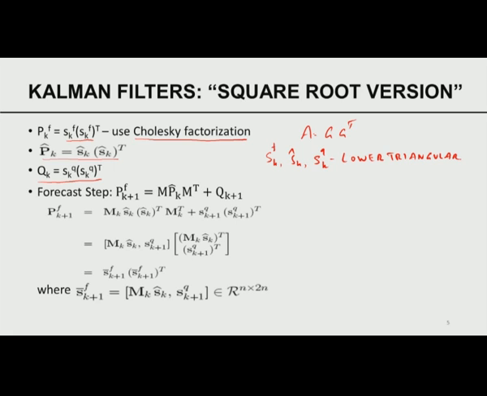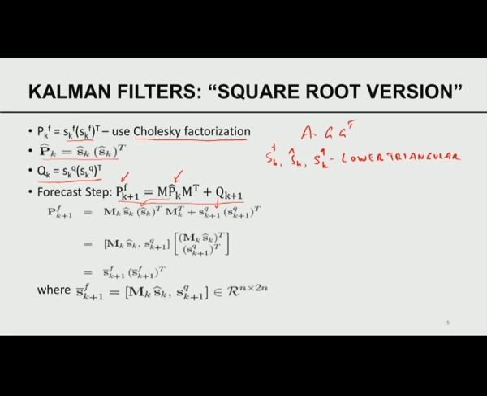Now let us consider the forecast of the covariance matrix under the Kalman filter derivation that we have already done. The forecast covariance at time k plus 1 depends on the analysis covariance at time k. Now replace the analysis covariance by its square root, and replace the model noise covariance by its square root.